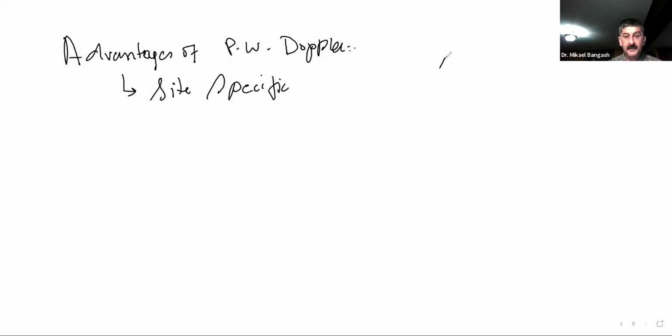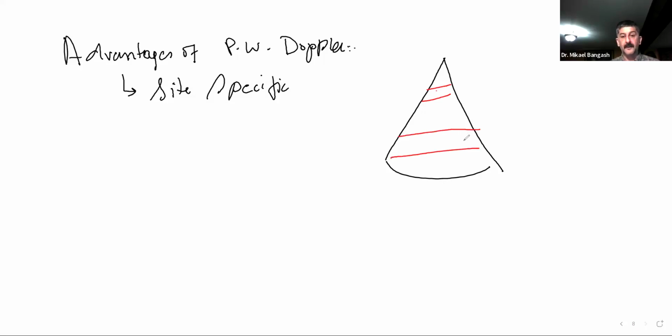What makes it site specific? Because we will be able to measure a Doppler if we had a blood vessel up here, or even if we had a blood vessel down here. Did you guys get that?